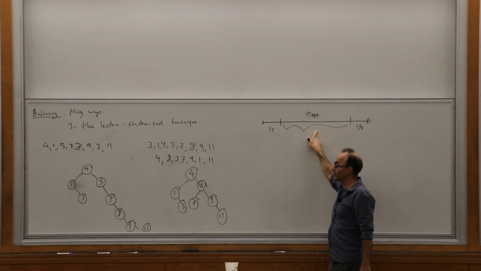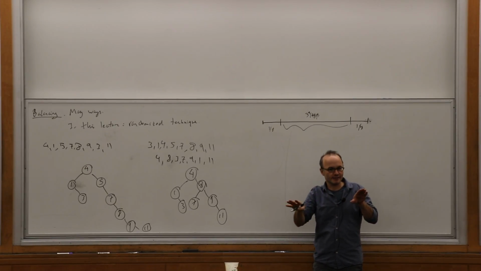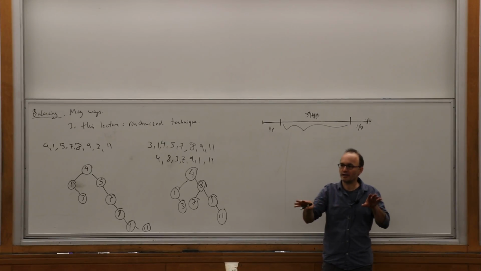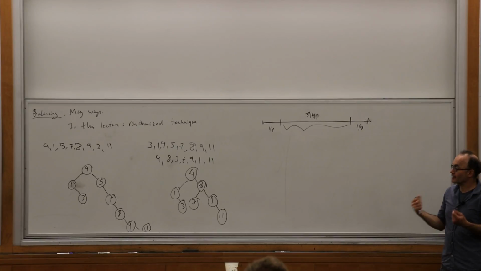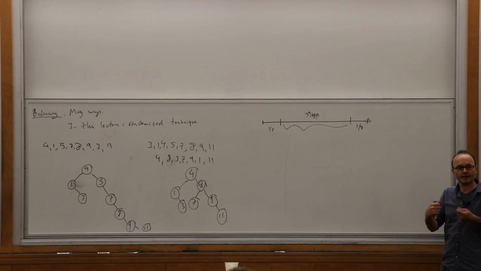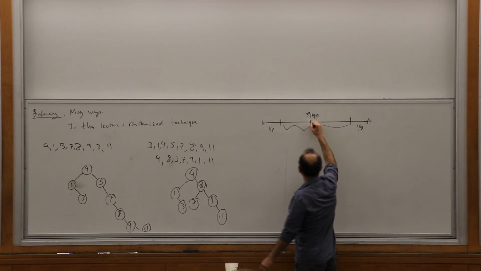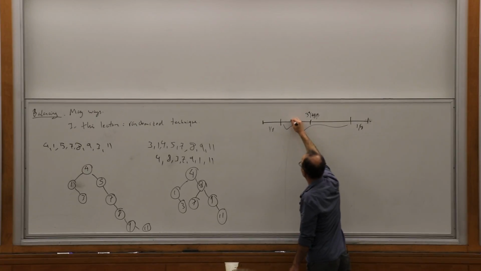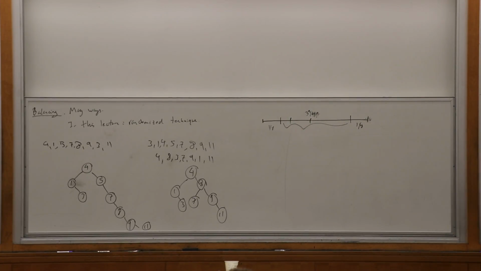The nice thing is that with probability 3/4, I get a constant factor partition of the keys. That is nice because it's basically going to give me a balanced tree. If I get a key here, for example, it's going to be perfectly balanced. If I get a key here, it's going to be reasonably balanced, and so on.